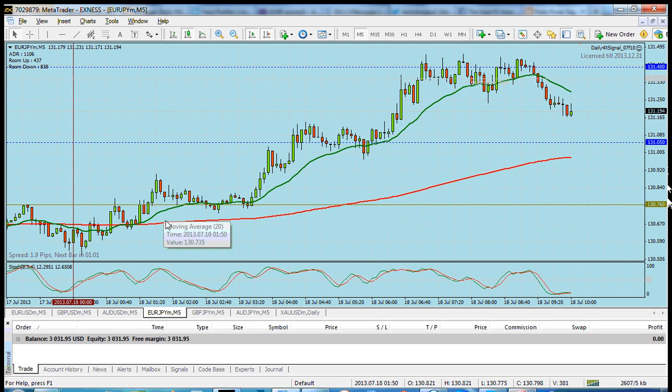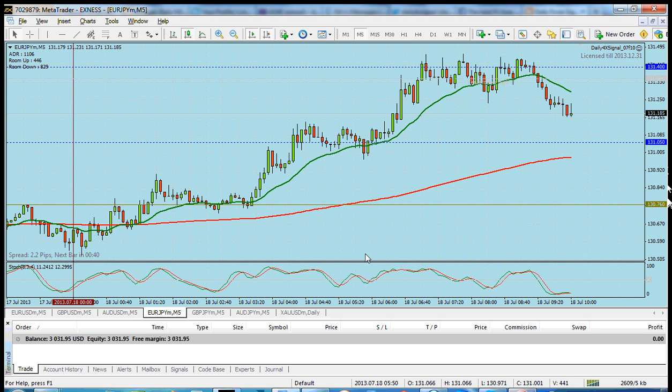The 20 SMA has to be above the 200 SMA. And at that very point, the stochastic has to be below the 50 line, with the green stock line having crossed and looking up as compared to the red stock line.